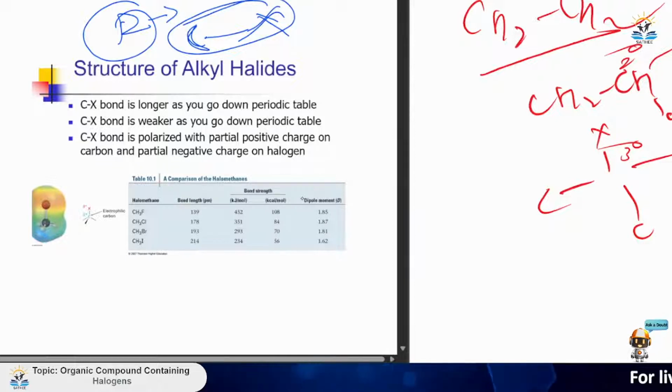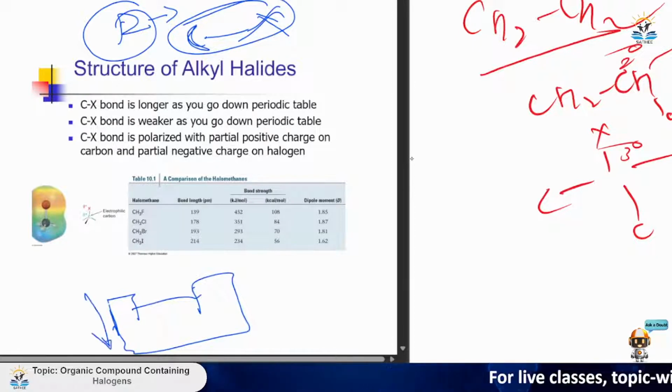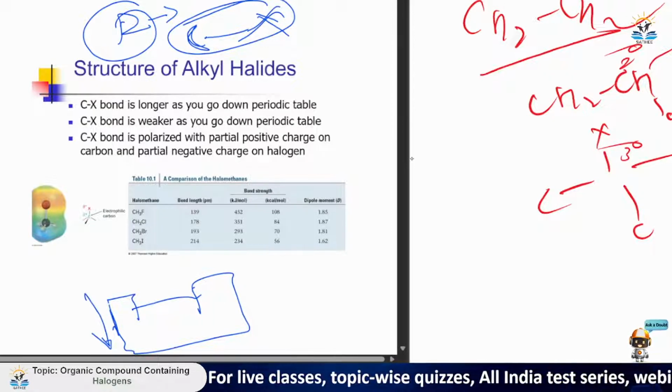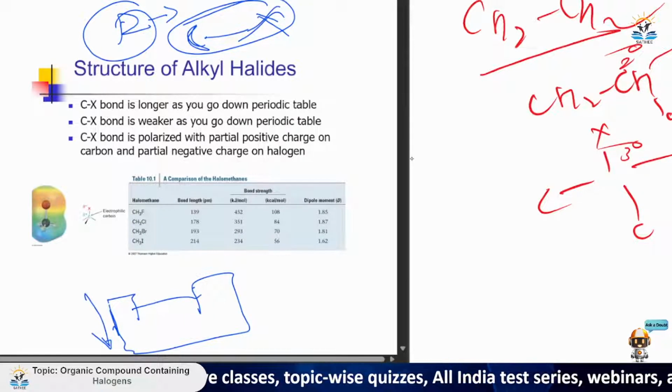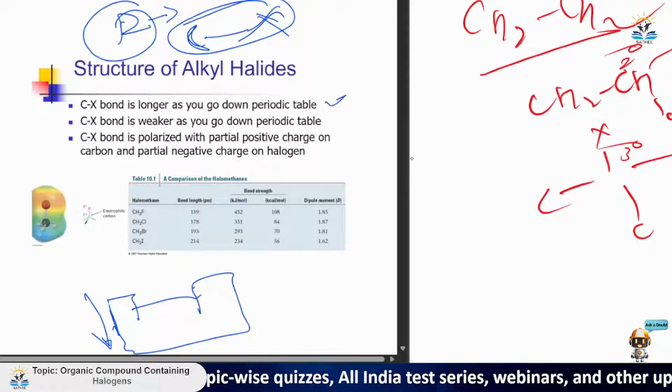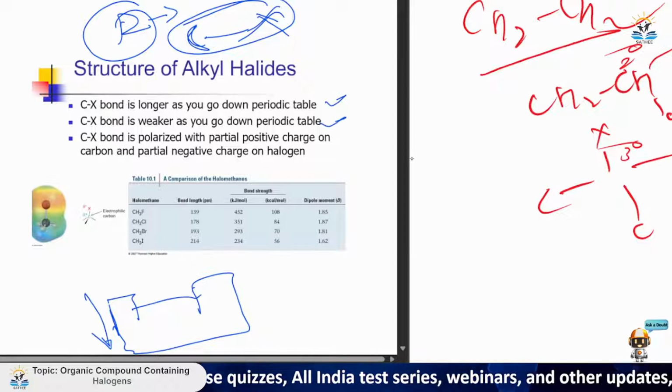If you go down a group in the periodic table, the C-X bond is longer and weaker. The C-X bond is polarized with a partial positive charge on the carbon. It is longer and weaker.